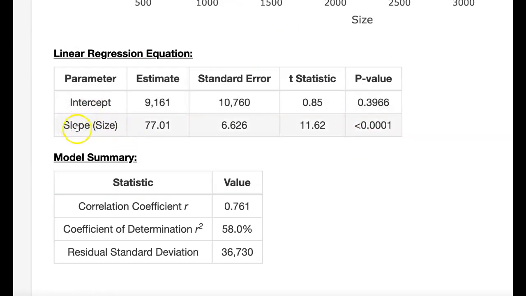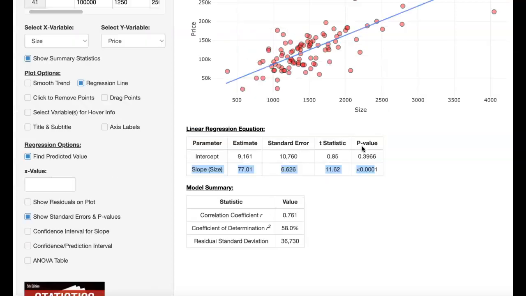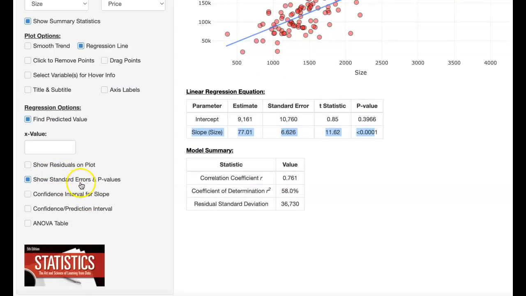You're going to look for the p-value for the slope, and that will tell us whether to reject or not. Remember, on our test, we had beta, which is the slope. The intercept is a different test. So in this case, we're checking to see if the slope is equal to 0 or not. That's where you get the p-value using ARDA-STAT. Click here, regression line, show standard errors.